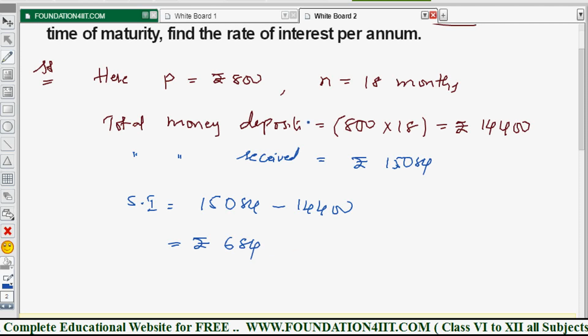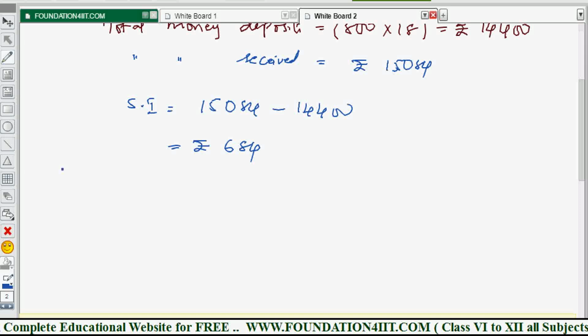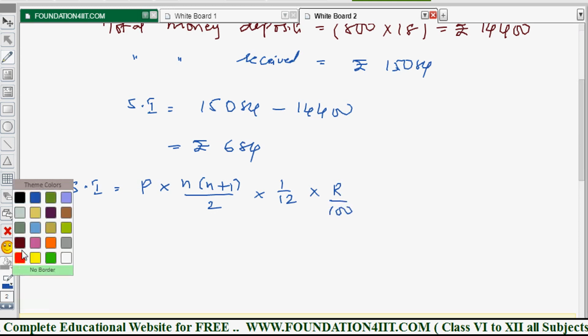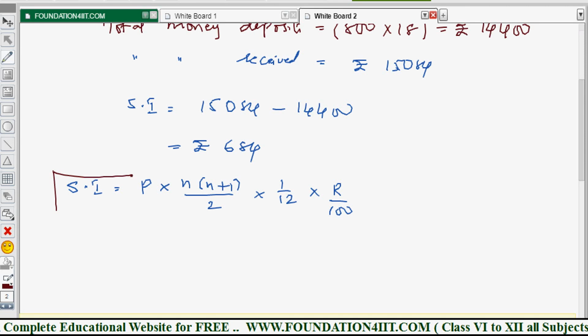Now we'll apply the simple interest formula. We can find the R value because we know P and n. So simple interest is equal to P into n into (n plus 1) divided by 2 into 1/12 into R by 100. This is the formula, and you can substitute whatever values you have.